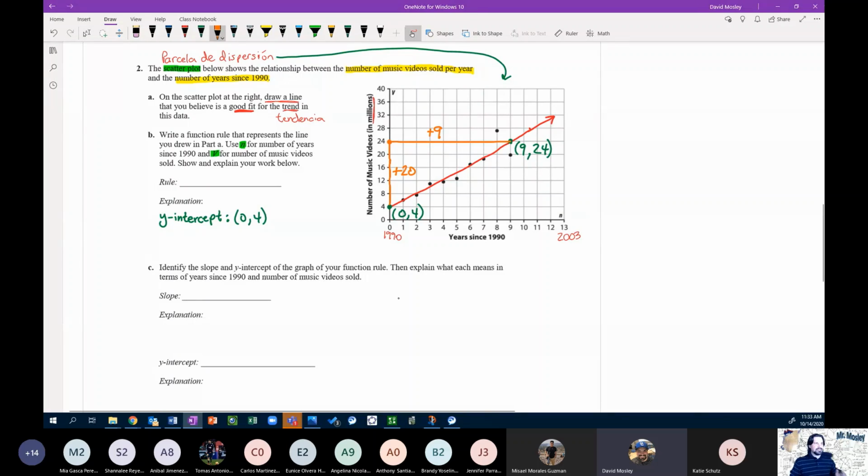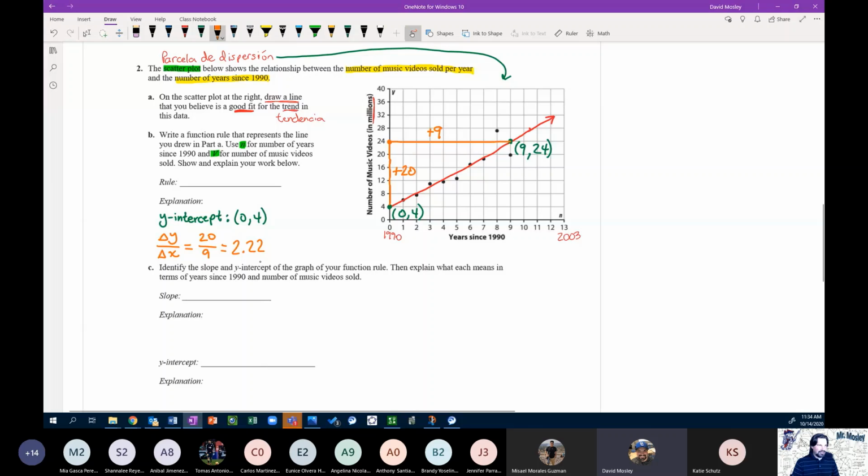We had 9. Excellent. So now remember, our rate of change, or the tasa de cambio, or the slope, all right, is the change in y divided by the change in x, which is 20 divided by 9 for this change between our 2 points, which equals 2.22 approximately.